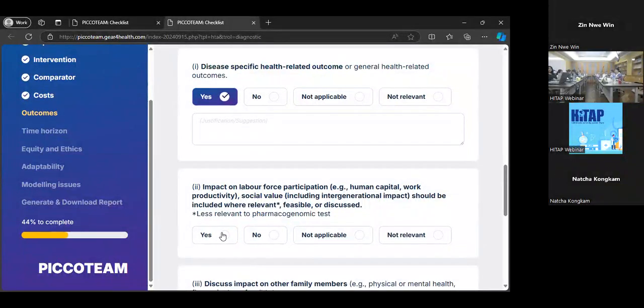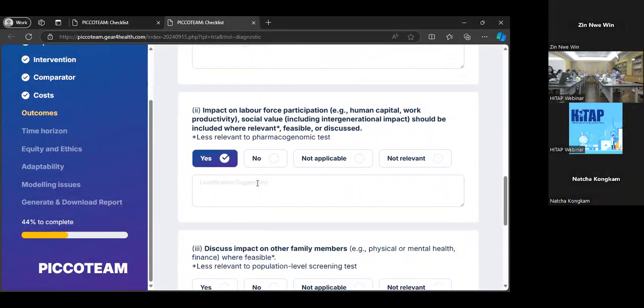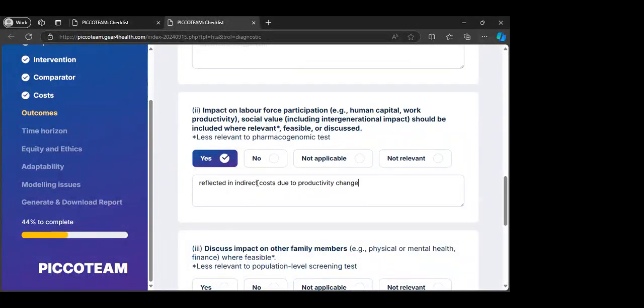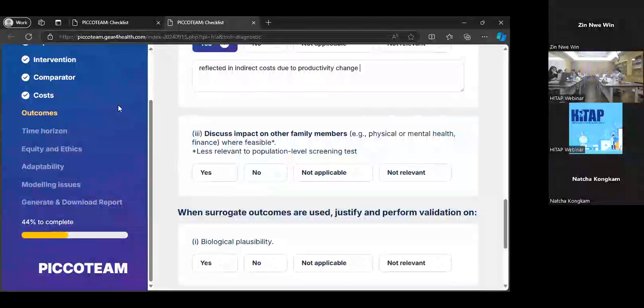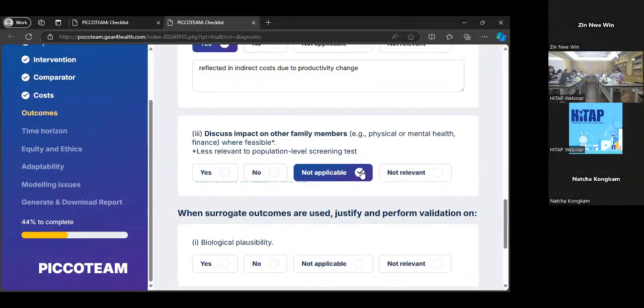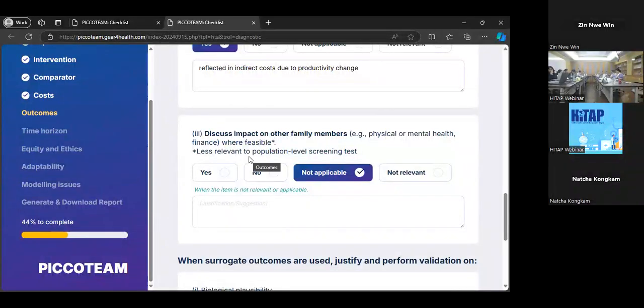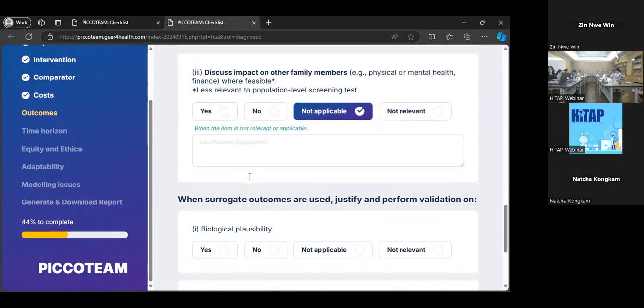So for our case, yes, but it's reflected in the indirect cost due to productivity loss. And likely for other types of genetic tests other than cascade testing, there may be an impact on family members, although we don't have it now. And it's less relevant to population-level screening tests.